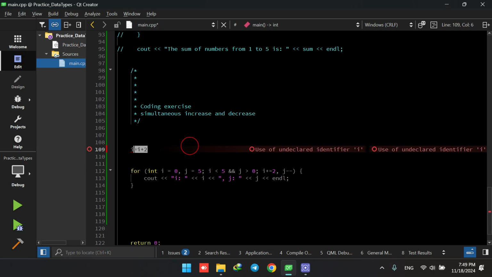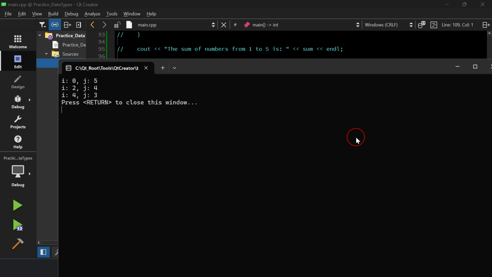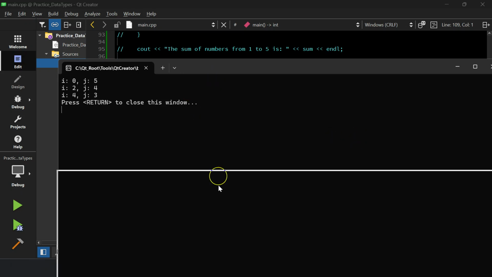So this is simply this statement, but written in a more concise way here. So here it means that whatever the value of i is, increase it by 2. So if we print it, if we compile it, we will see how it works.